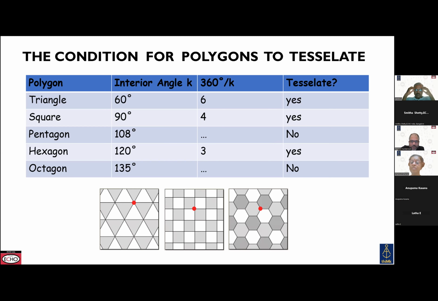Once again, if you divide 360 by the interior angle, it gives us directly the number of polygons that meet. And certain polygons, the interior angles don't divide 360. And so a tessellation formed just using these kind of regular polygons is called a regular tessellation.